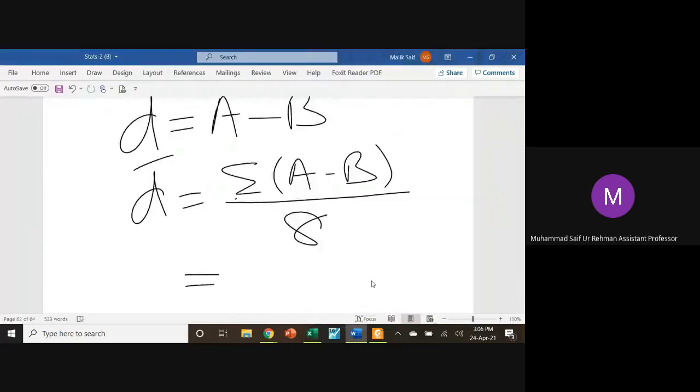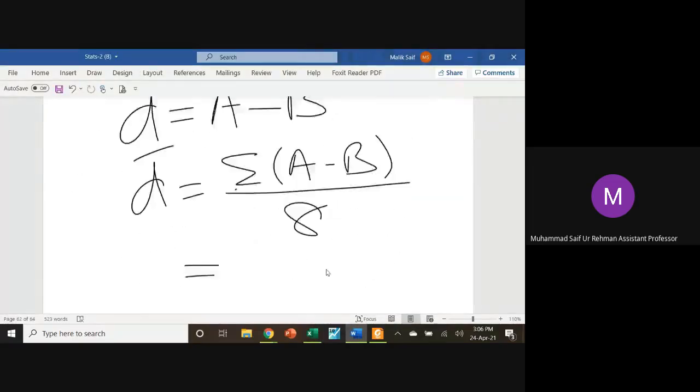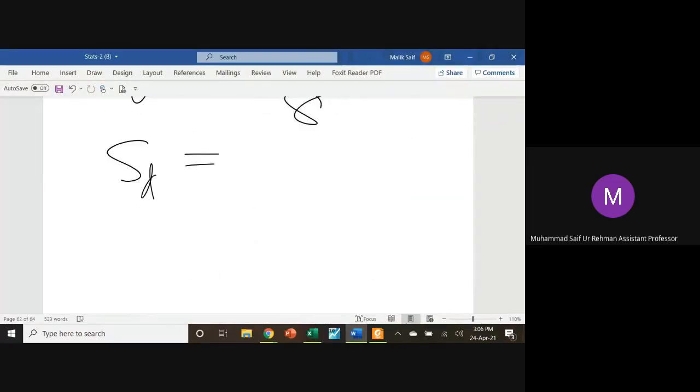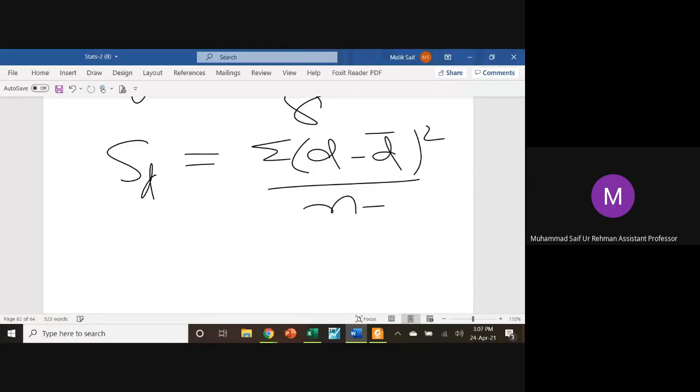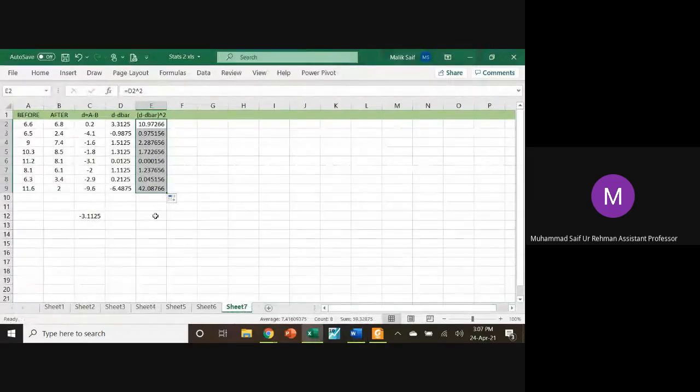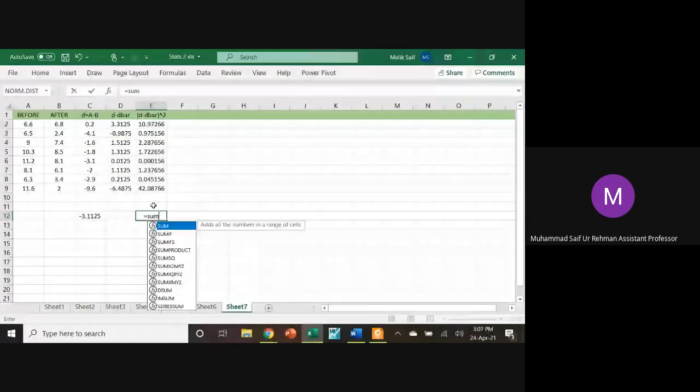Because SD square in the formula is basically equal to the summation of D minus D bar whole square divided by n minus 1, a similar formula to what we use for standard deviation. So for this formula, we are interested in this numerator. So we take the sum of these values.